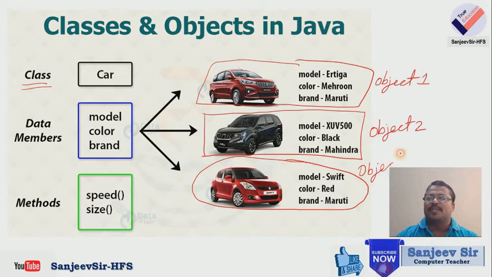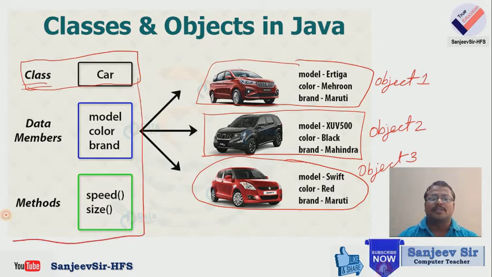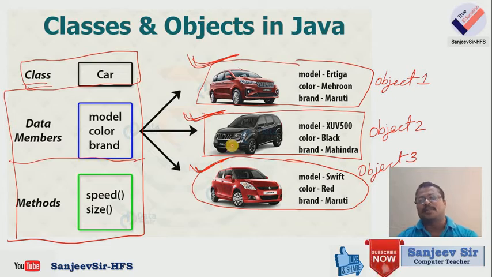But all these objects are related to the class car. That means one car class has these properties and functions, that means data members and functions, and all these cars have all the properties and all the behavior of the same class. This is the concept of class.